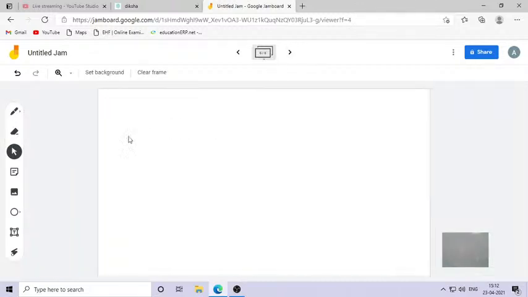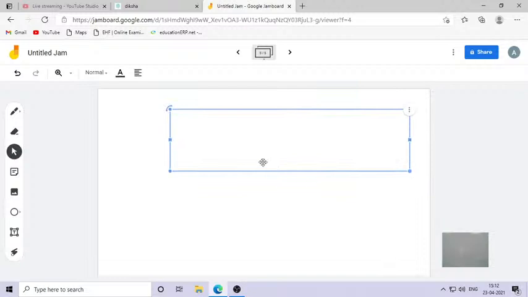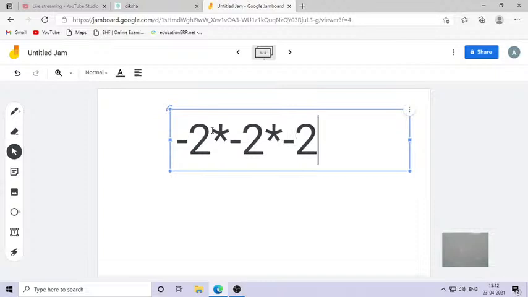Let's see one more example if you all can try. Okay, so please tell me minus 2 multiplied by minus 2 multiplied by minus 2. How can we solve?